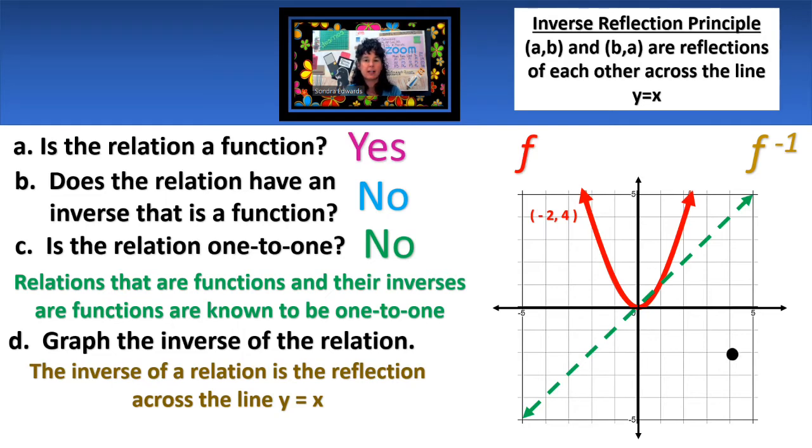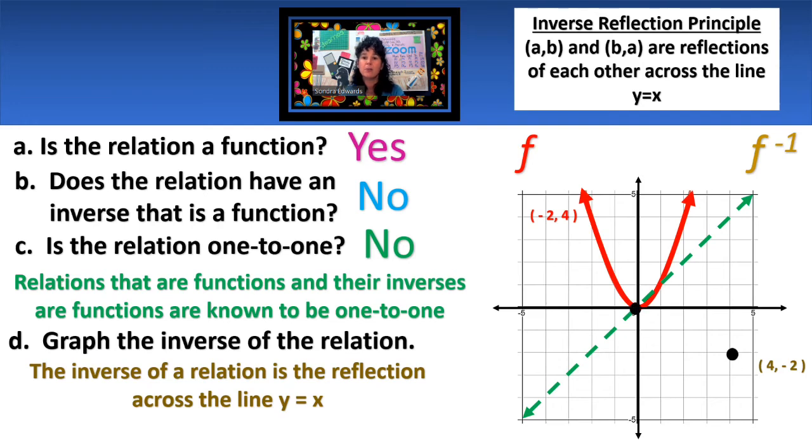When I reflect that across that y equals x line, I'm right there at 4 comma negative 2. I'm going to continue selecting points along that f curve at significant locations and reflecting them across. Connecting the points in order, I'm going to get the graph of f inverse.